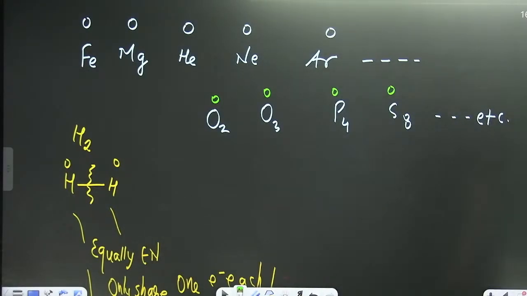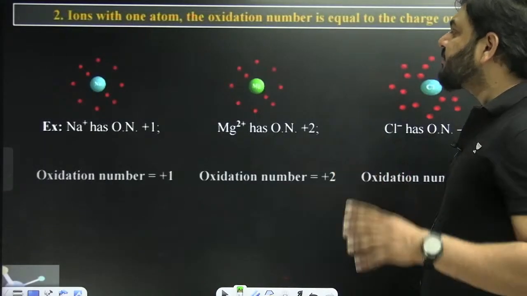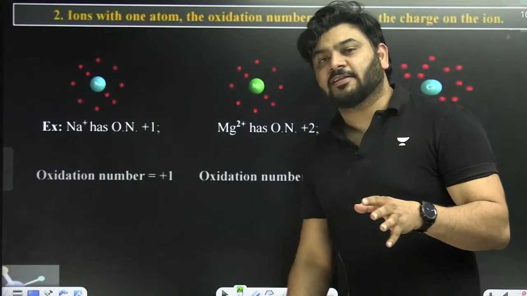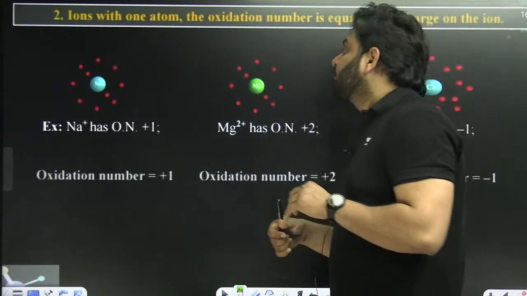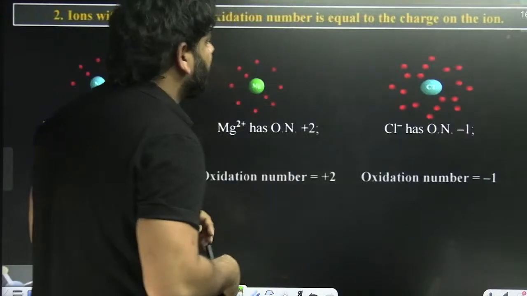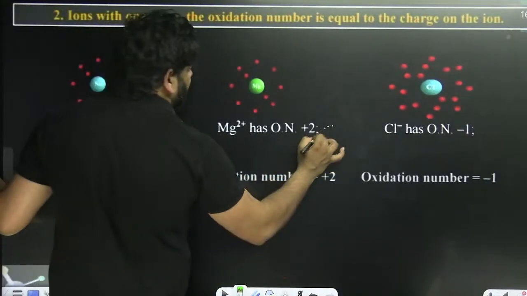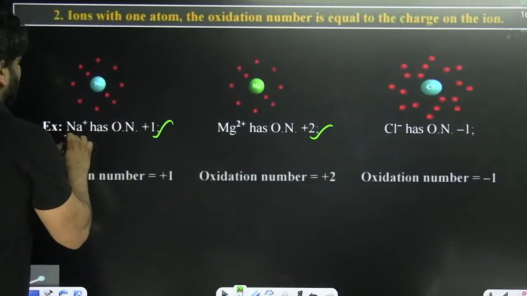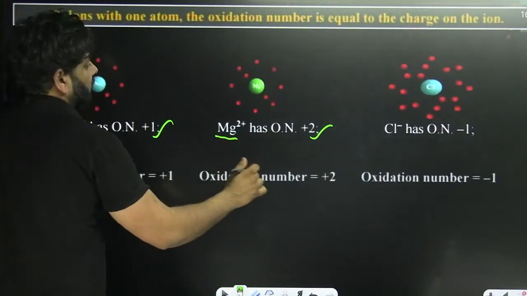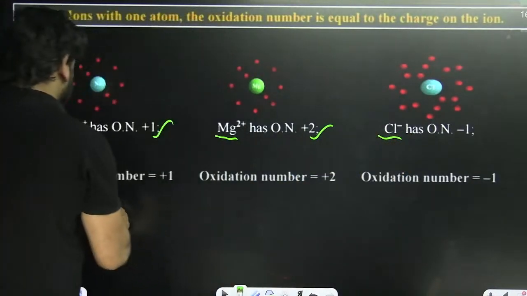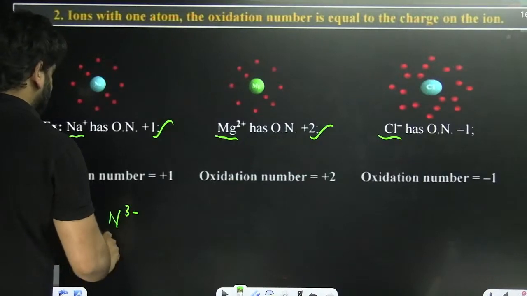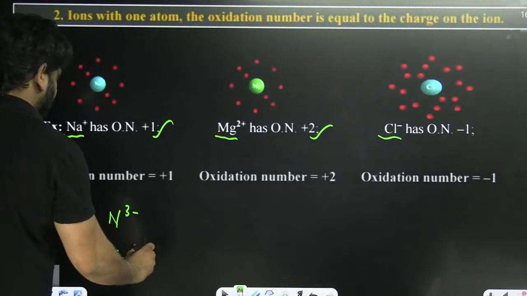Now, next point: if any ion is given and the ion is monoatomic, its charge itself will be considered as the oxidation state. So see, this is Na+, Mg2+, Cl-. Let's say if N3- ion is there, the oxidation state becomes -3.